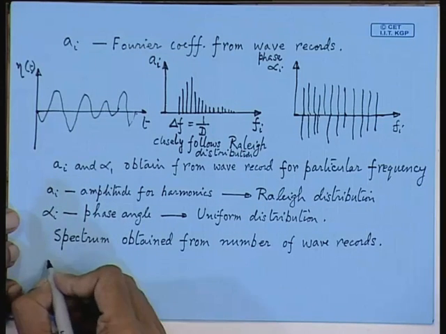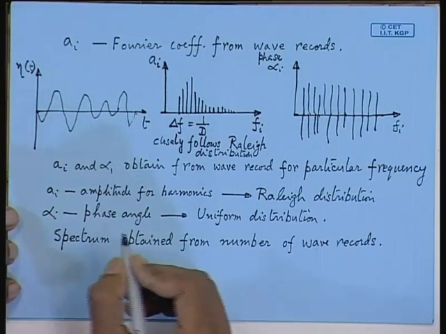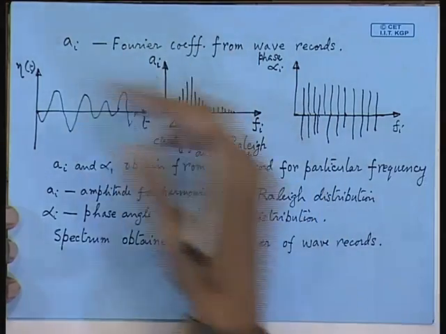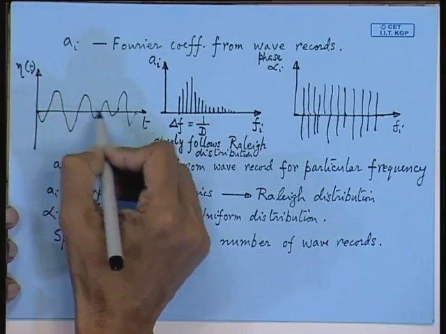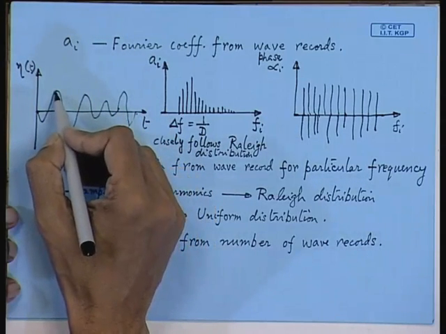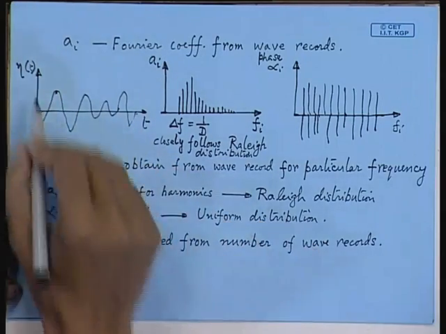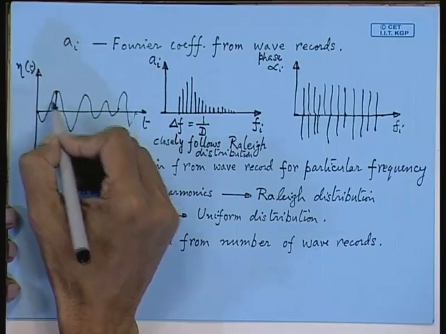So, you take wave records of the same time duration at a particular time of the day, say for 4 days, 5 days, 7 days at a particular location, but you will find that you are not having the same elevation. These elevations will be different for different time records. So, that means we are getting a random wave history or random elevation.